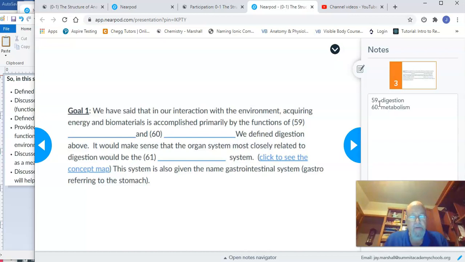We defined digestion above. It would make sense that the organ system most closely related to digestion would be the digestive system.